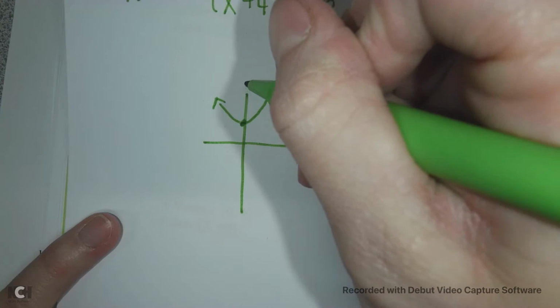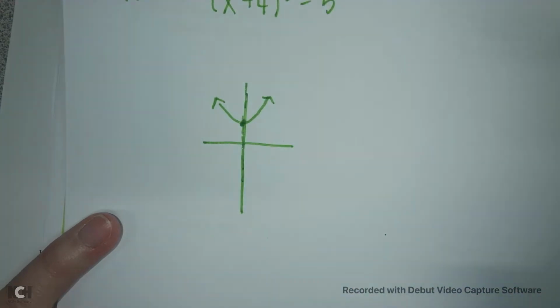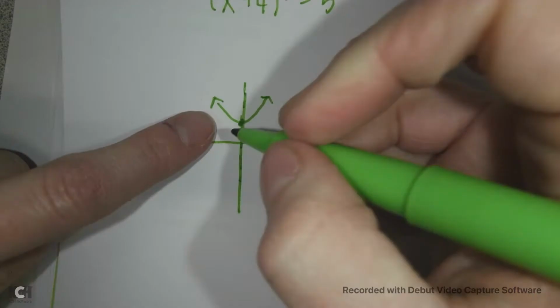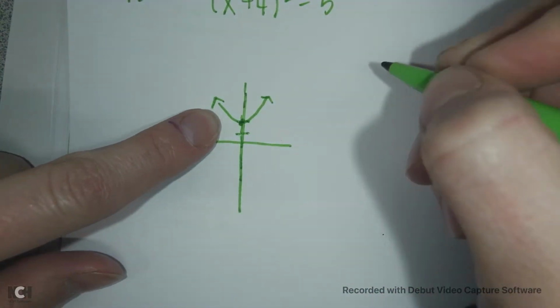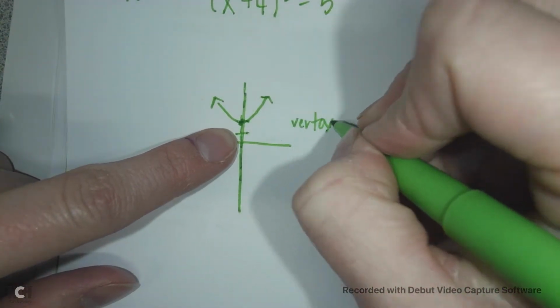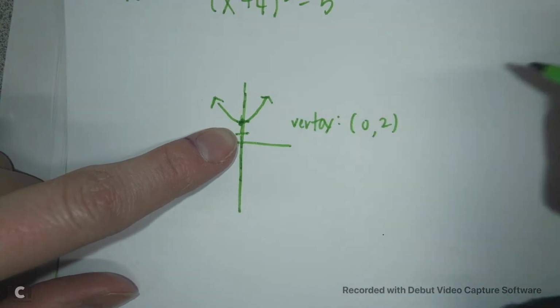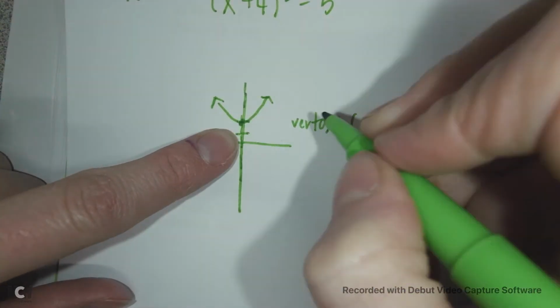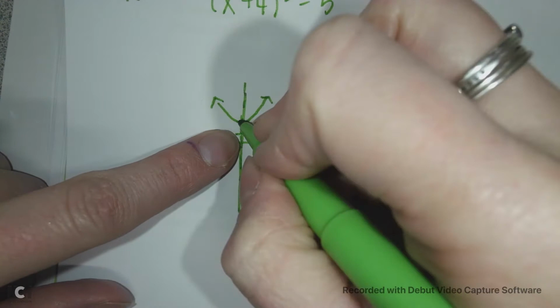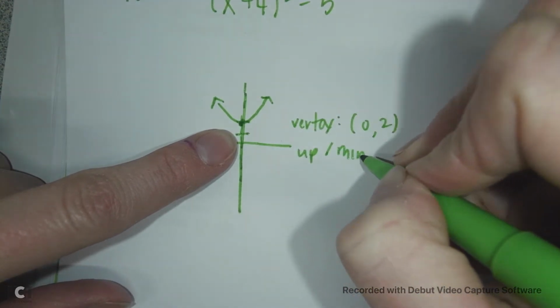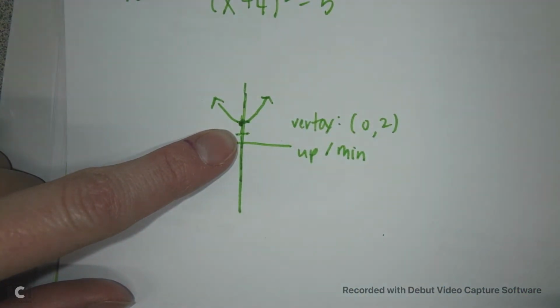Then the axis of symmetry goes straight through the middle, and it's a linear equation. So let's say that this is at 2. So my vertex is at 0, 2. My parabola opens up, and this is a minimum. Up is always minimum, and down is maximum.